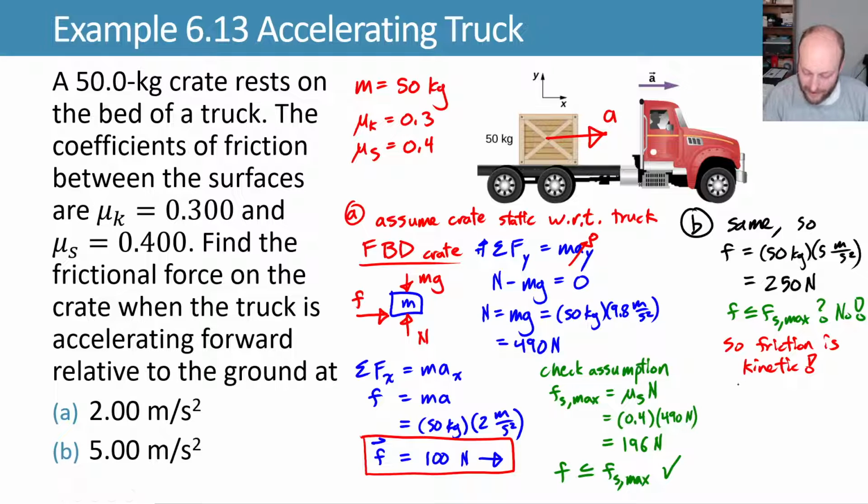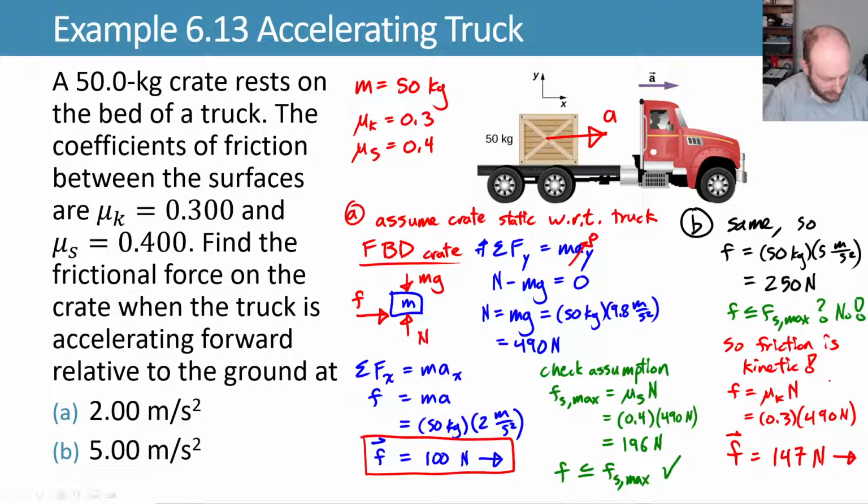And we can find that kinetic friction by using mu k n, and mu k is 0.3 times the normal force, which is the same, 490, which when evaluated gives us an actual frictional force, in this instance, of 147 newtons. With the same direction, it's still trying to drag this along.